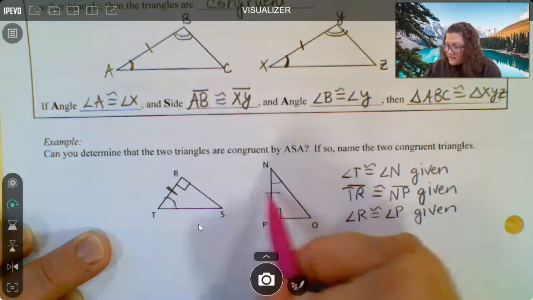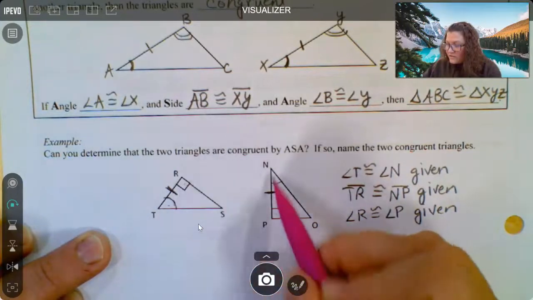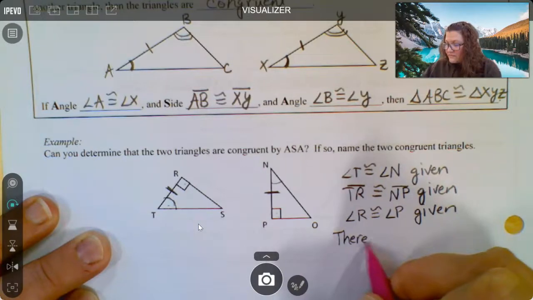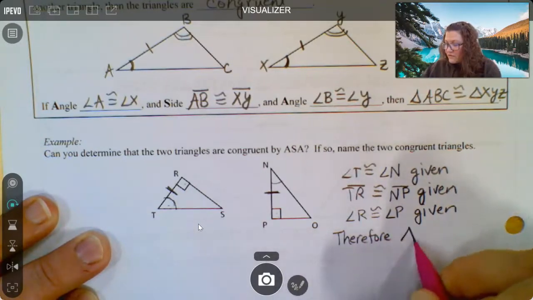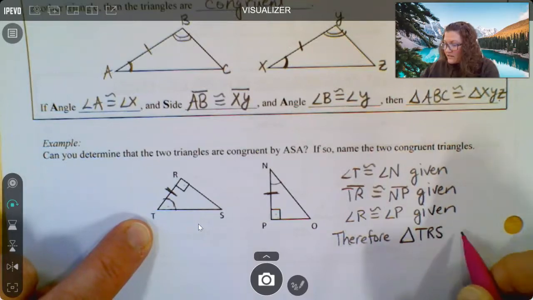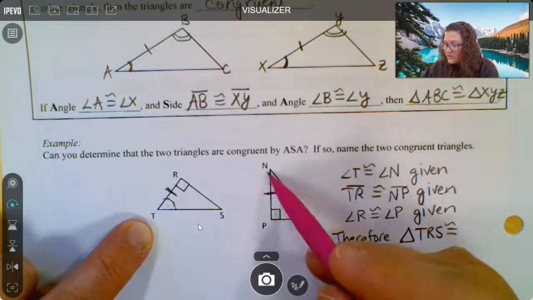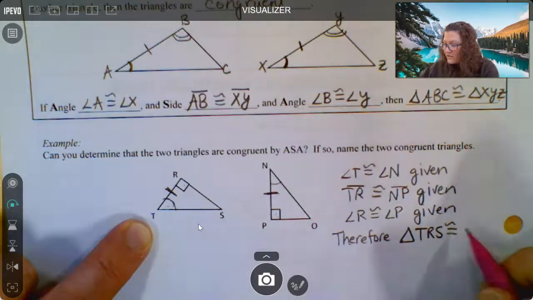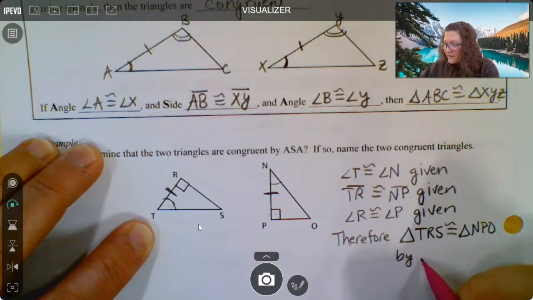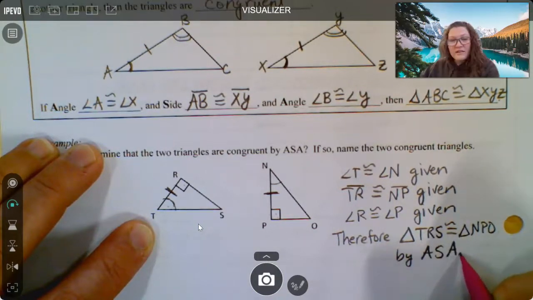And this side is included in between the two angles. So therefore, we can conclude that triangle, I'm going to start with T, TRS is congruent to triangle NPO, by angle, side, angle.